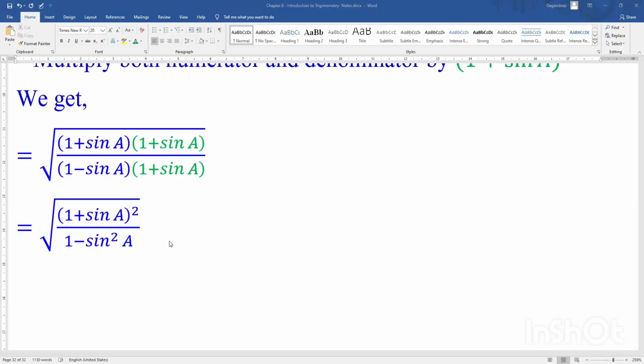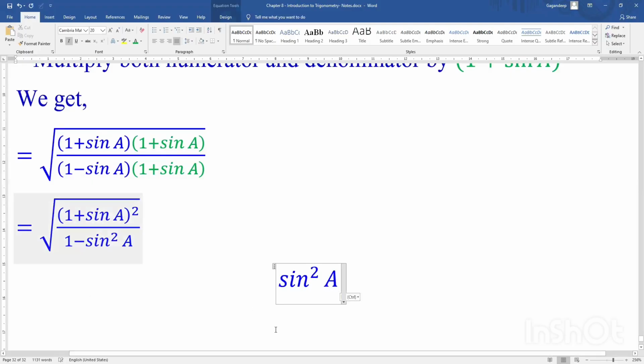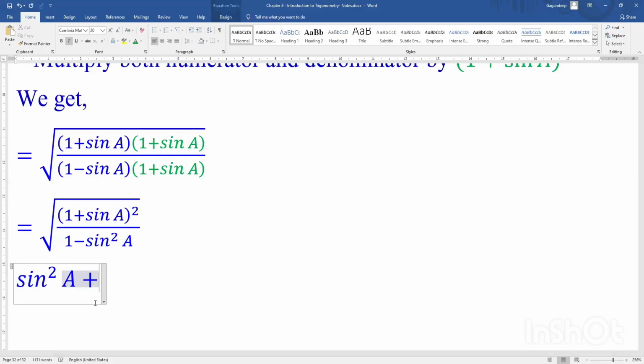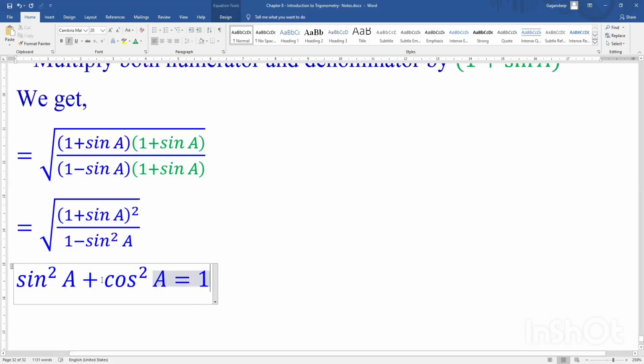And now 1 minus sine square A is nothing but cos square A. Let me show you how we got this cos square A. We know that sine square A plus cos square A equals 1, correct?